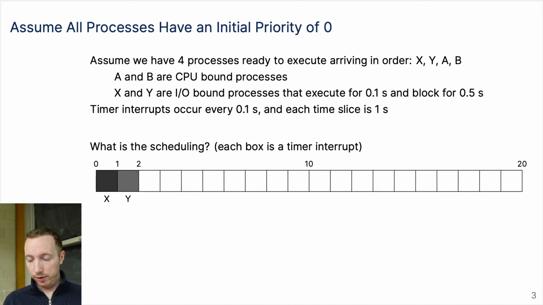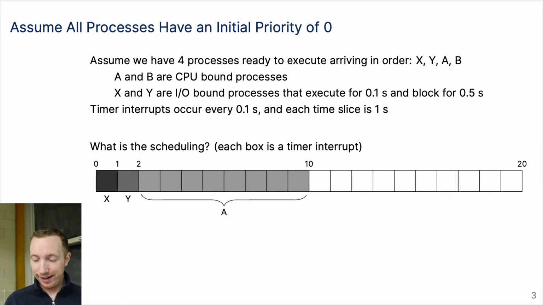After we execute process Y, it goes to sleep, and we have to pick between A and B. So we would pick process A.